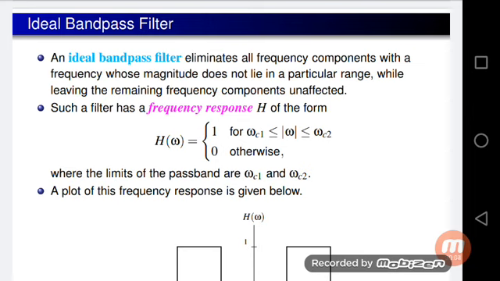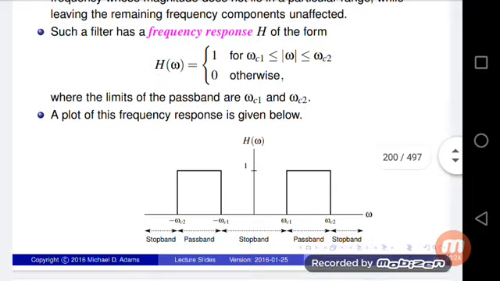We are using ideal band pass filters, and the function of the ideal band pass filter H of omega equals 1 for omega c1 less than or equal to mod omega less than or equal to omega c2, and 0 otherwise.